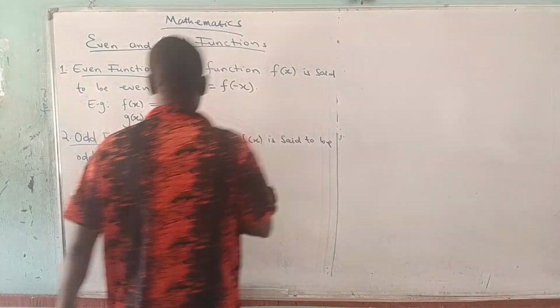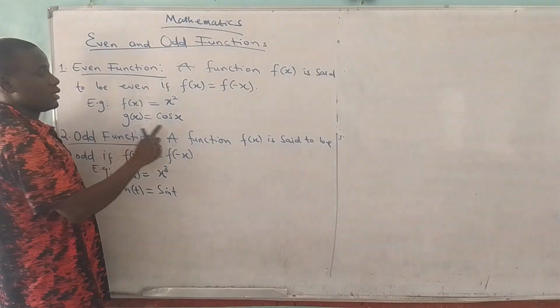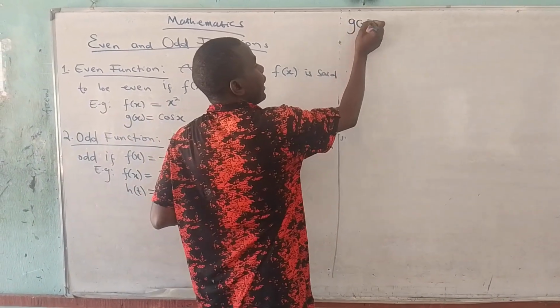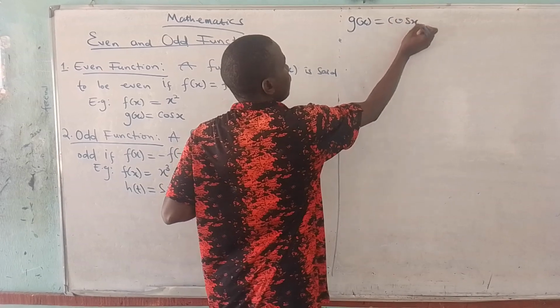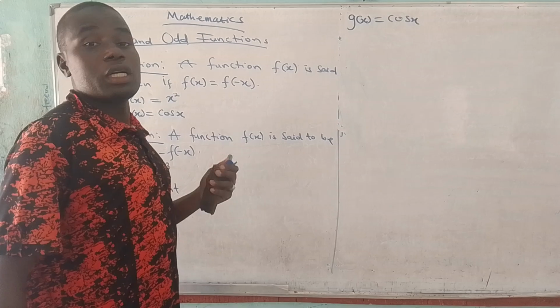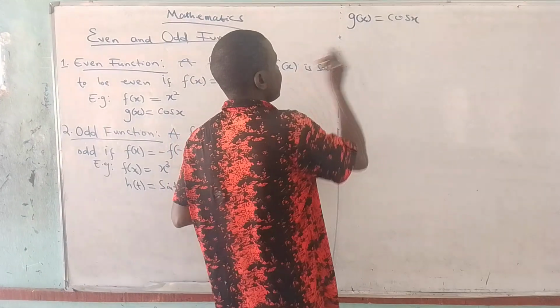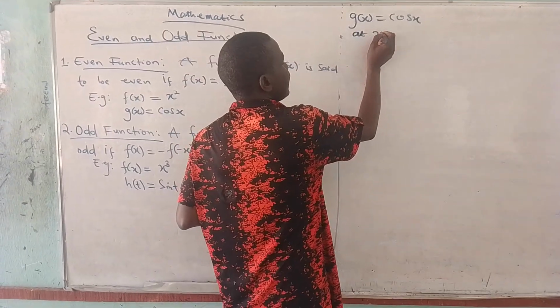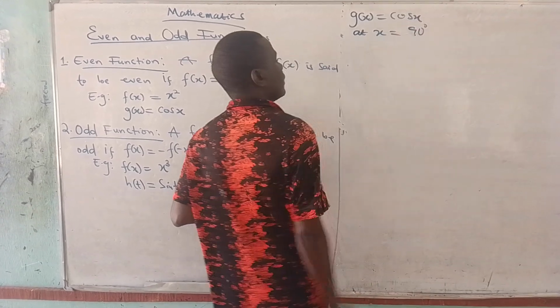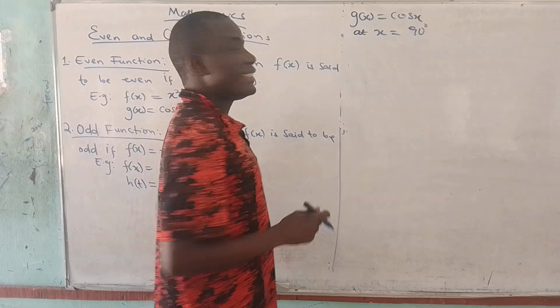So let's test another one. We say g of x is equal to cos x. We can test this at x equals, let's say, 90 degrees.